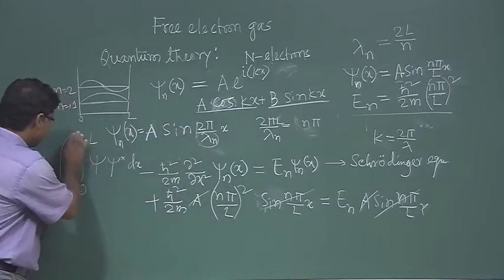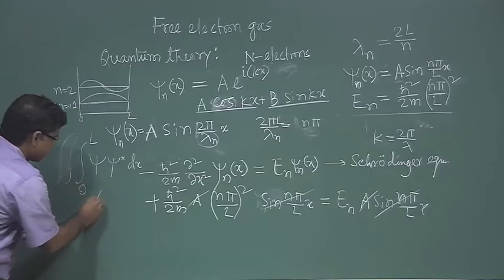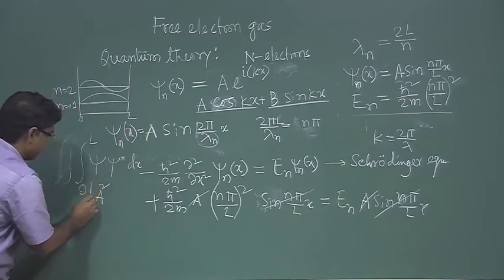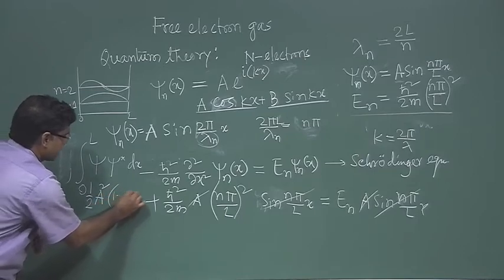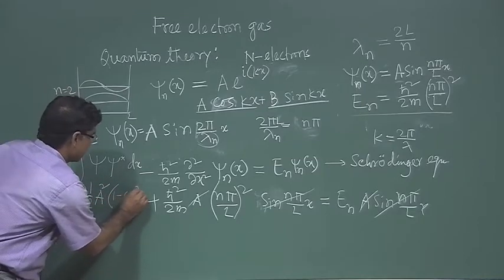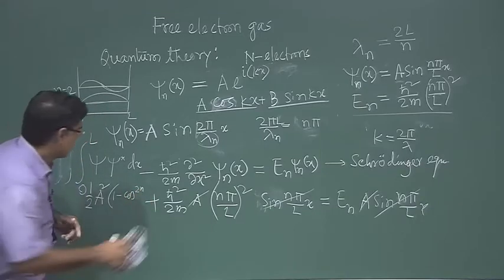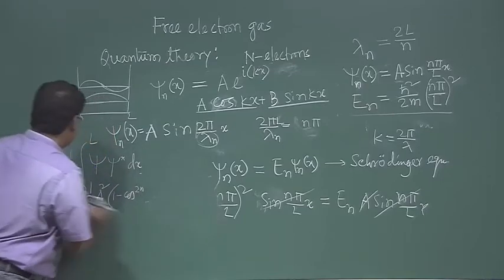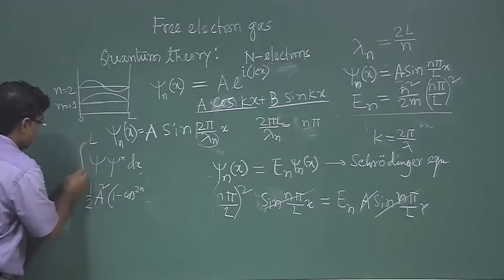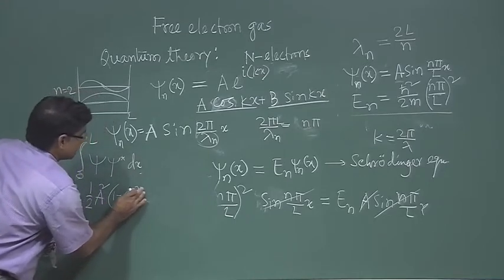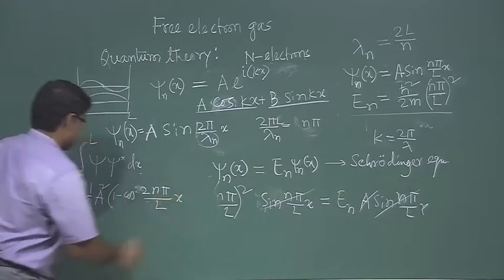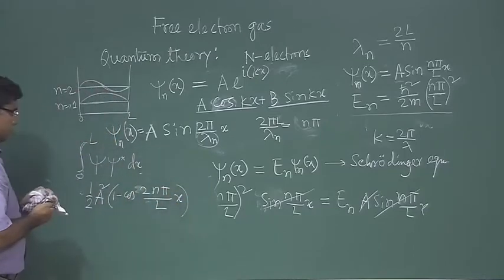So, better let me do it. This is basically A square sine square, as I told, I will take half, and then 1 minus cos 2 theta. 2 theta means cos(2 n pi by L x), right.